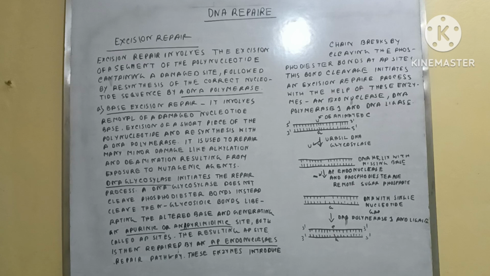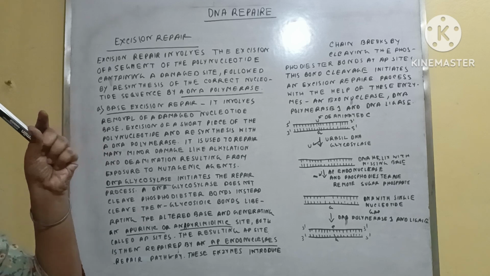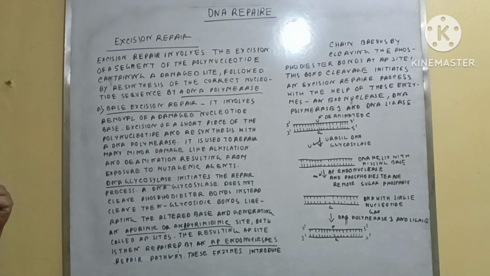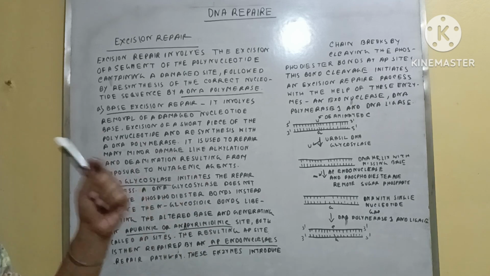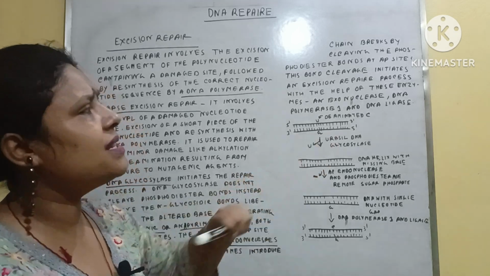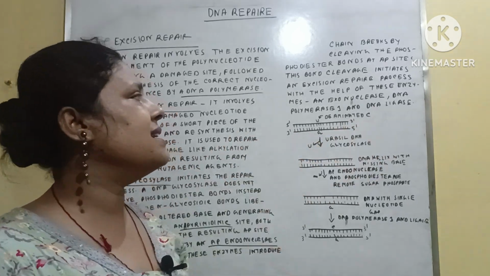Then the damaged base is removed from that chain and the correct base is introduced there by DNA polymerase 1, DNA ligase and exonuclease.